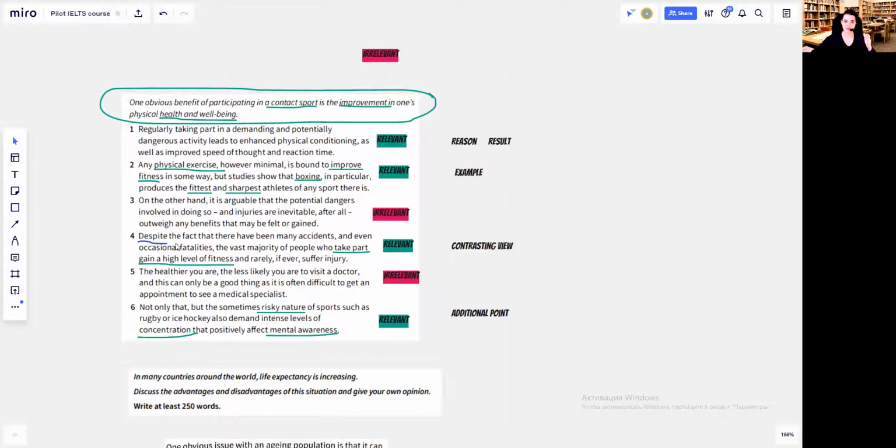And since it introduces a different point of view, still reinforcing your original one, it is a contrasting view function. Lastly, sentence 6 provides an additional point, saying that not only a contact sport, but any kind of risky sport, risky activity does improve your health and well-being.